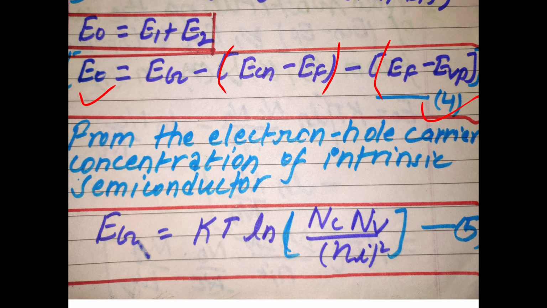From the electron-hole carrier concentration of the intrinsic semiconductor, we know that the energy gap EG is equal to KT ln of NC into NV upon Ni square. This is our equation number 5.